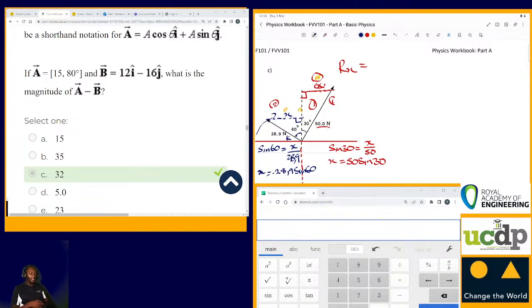Good. So you're saying, yeah, all right. So to get that angle K, will it be 180 minus 60, or will it be 90 minus 60, this angle? That's a right angle, right? So will it be 180 minus 60, or will it be 90 minus 60?